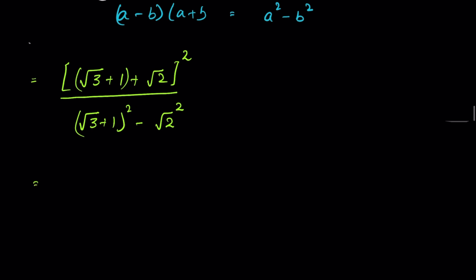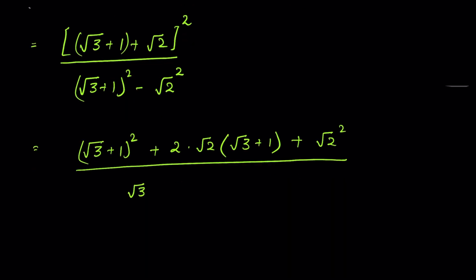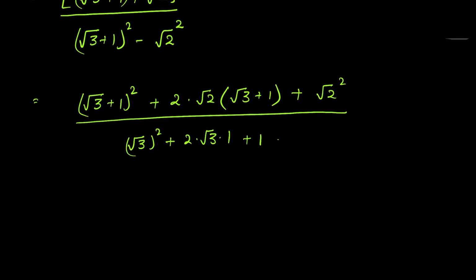Now let's expand it as square root of 3 plus 1 whole square, a square, plus 2ab, so plus 2 times square root of 2 times square root of 3 plus 1, then plus square root of 2 square, upon, again, square root of 3 plus 1 whole square is square root of 3 square plus 2 times square root of 3 times 1 plus 1, minus, we remove the square root with square, 2.